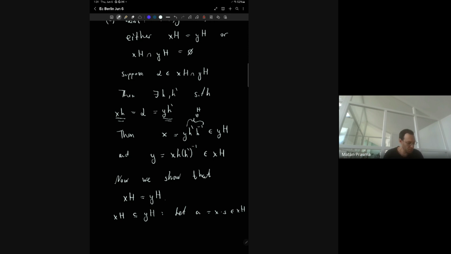Okay? Then I have a formula to write x as an element in yH. Right? So I use this formula.